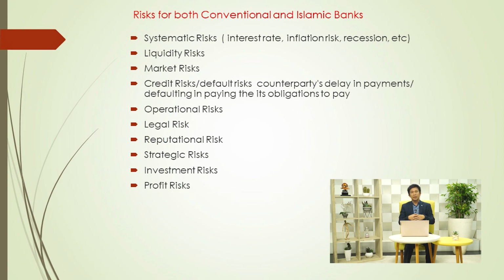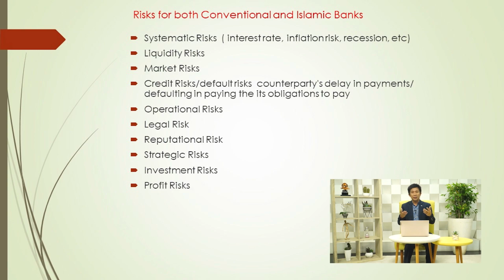systematic risks. Systematic risk is the probability of something bad happening that gives a negative impact or loss to banks or financial institutions, both conventional and Islamic, arising because of uncontrollable circumstances. These systematic risks are like interest rates and inflation risk. Inflation, sometimes you cannot control.